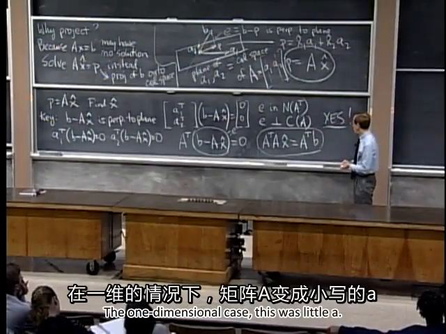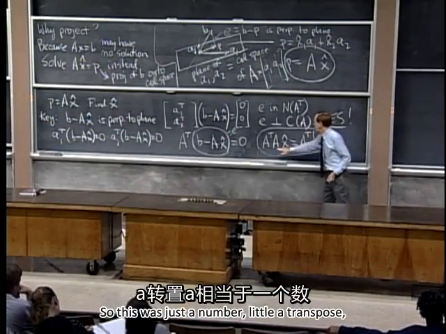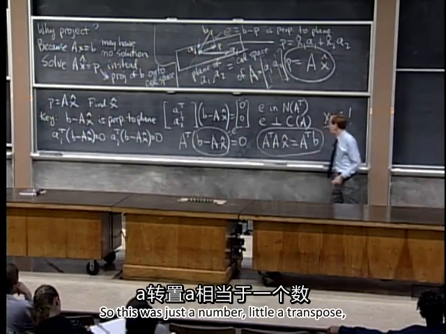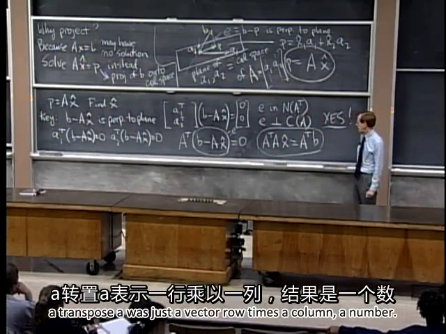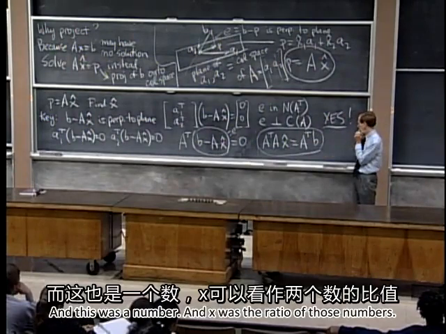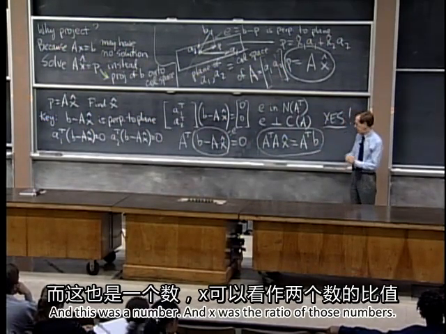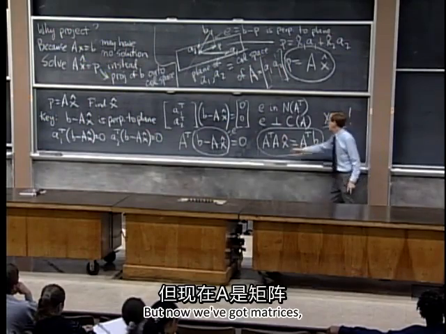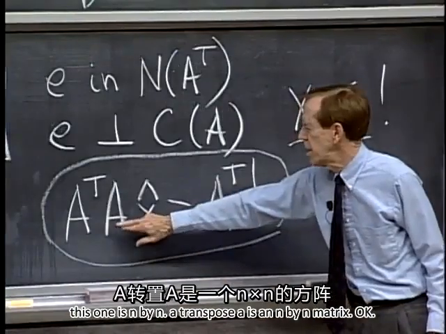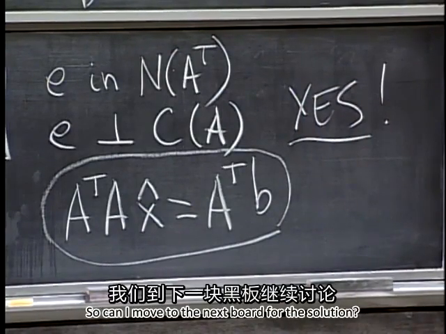There, little a was just a vector, so a transpose a was a number, a transpose b was a number, and x was the ratio of those numbers. But now we've got matrices. A transpose A is an n by n matrix. Okay, so can I move to the next board for the solution?